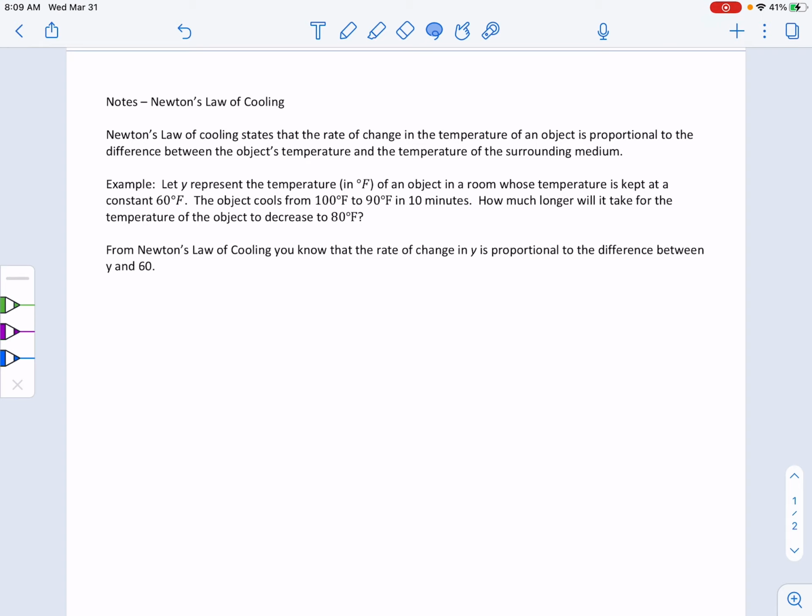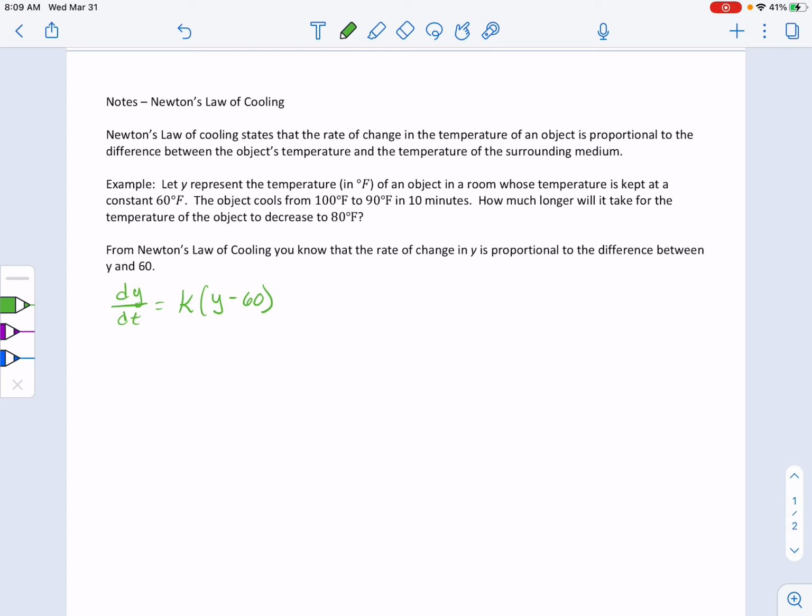Well, from Newton's law of cooling, we know that the rate of change in y is proportional to the difference between y and 60. So you start out by writing your differential equation. dy/dt is equal to a constant times the temperature minus the temperature of the room, which is 60 degrees.